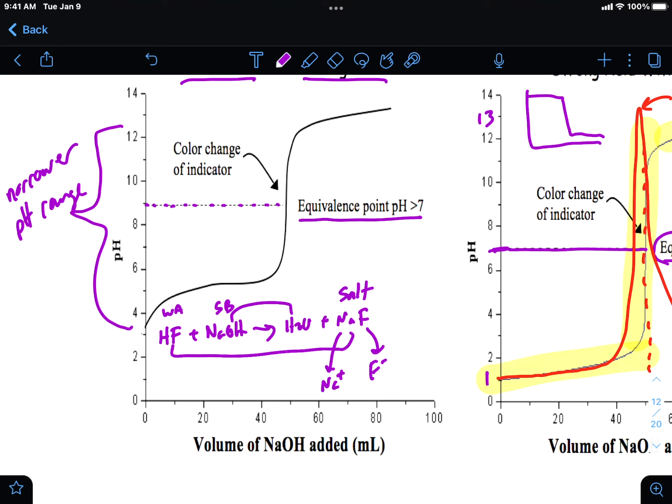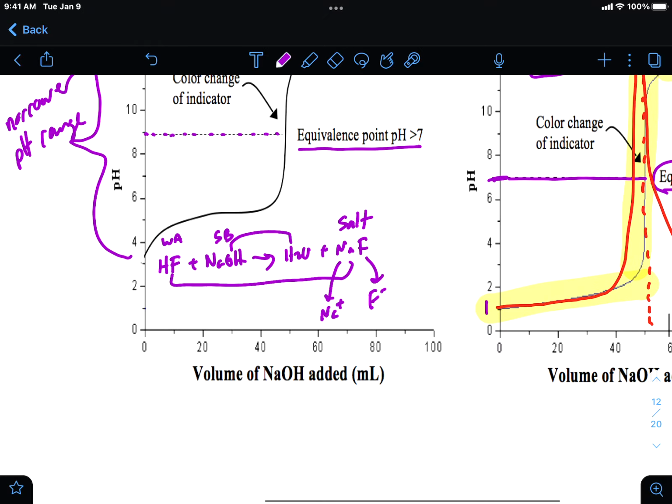Yes, right. It's a negative ion. This is going to undergo hydrolysis, and it's going to be a basic reaction. So F minus, reacting with water, would end up forming hydroxide because the F minus ion is a basic ion.